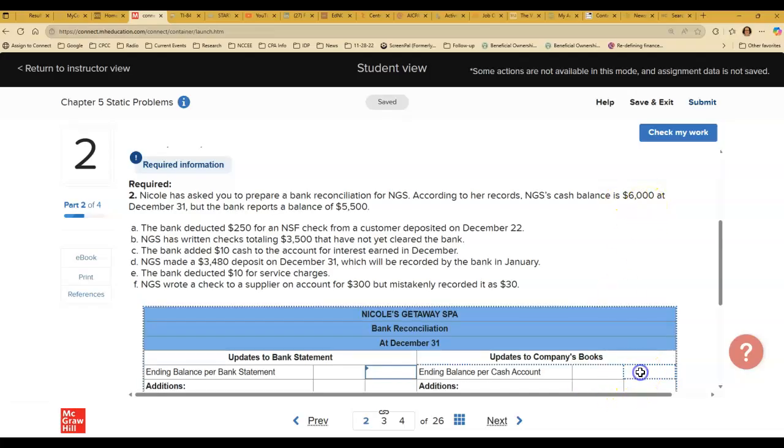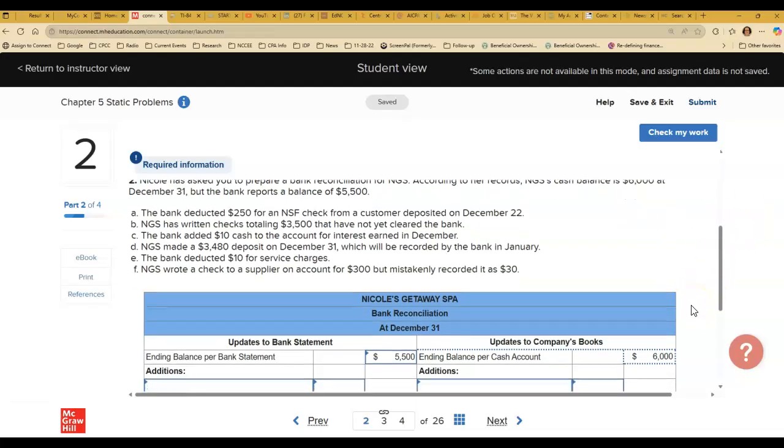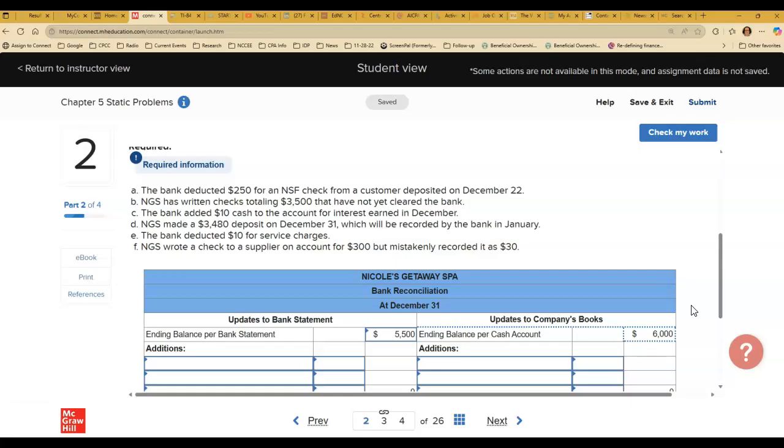So right there at the very top, this is what we say is coming out of our general ledger, T accounts, accounting records, wherever you want to pull that from. Okay? And the bank says we've got $5,500. Okay? So just drop those in at the very top.